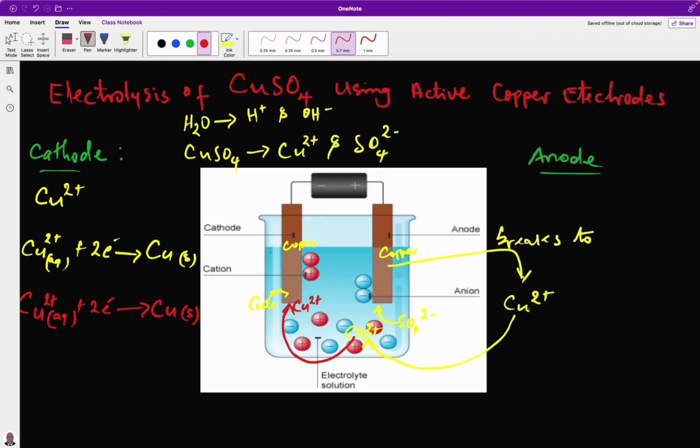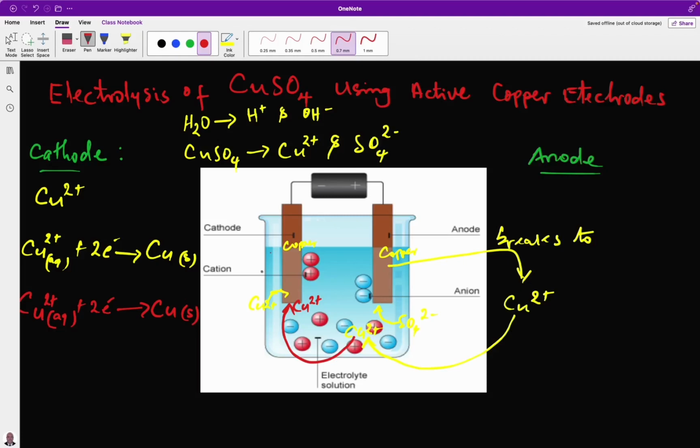Then it moves towards the cathode, where it will gain electrons, be reduced and deposited as copper solid at the cathode. That is what happens.